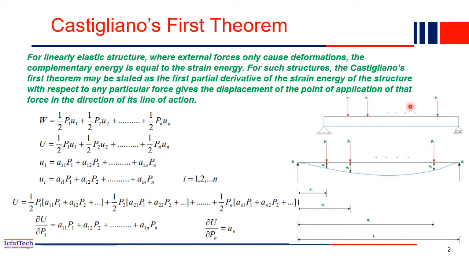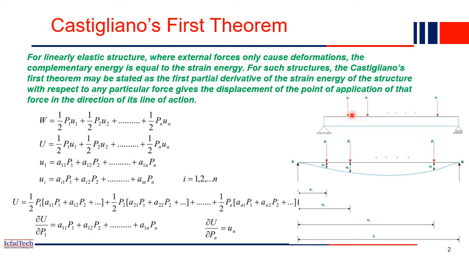This extra energy, we call external energy, and it will be stored inside the structure as strain energy, as we discussed in the last lecture in detail. This strain energy stored in the beam or column, whatever it may be, we call internal energy. As per the conservation of energy, we can't create or destroy energy.